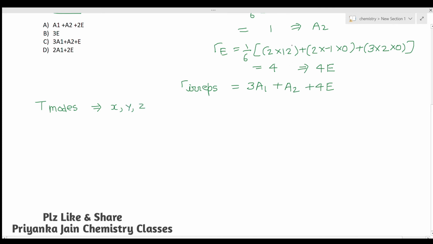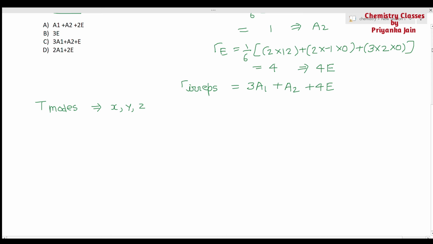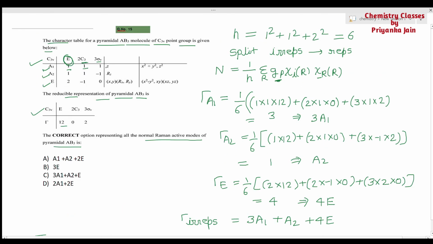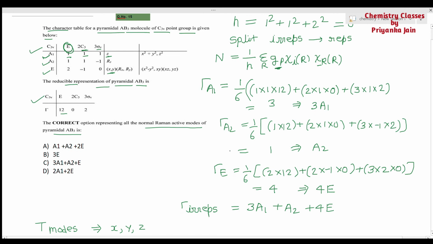So we have to see the character table. If we are seeing the character table, see here, there is z here, and xy is here. It means in the case of A1 and E, right? So the translational modes will be equal to A1 plus E.